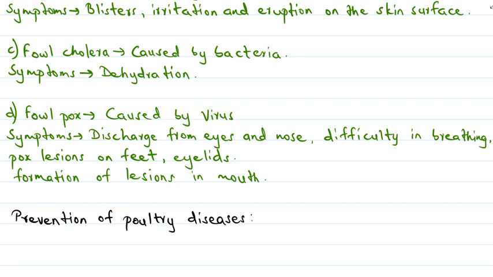Some of the common preventive measures that can control the occurrence of poultry bird diseases are: there is a requirement of cleaning of poultry farms. We need to regularly clean the poultry farms.